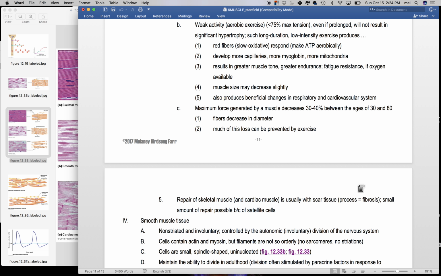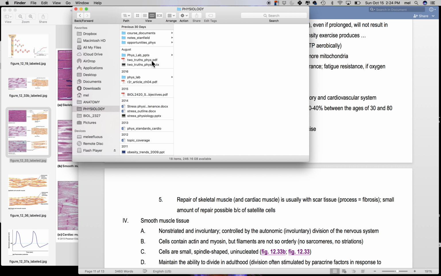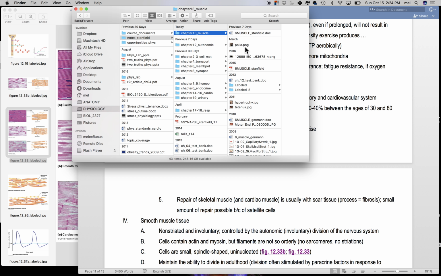Luckily, when you do this type of activity, simultaneous to training your muscles, you are also training your cardiovascular and respiratory system. So even though the muscle mass increases in tone, the muscle size may decrease slightly. So you're not going to become hypertrophic like this dude that I showed you guys. Sorry, I forgot to bring him up. That guy.